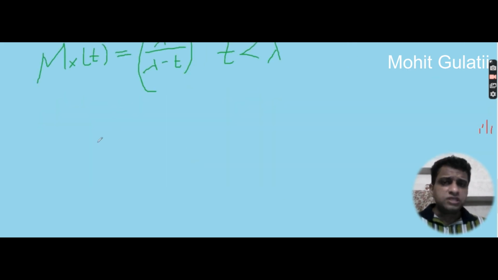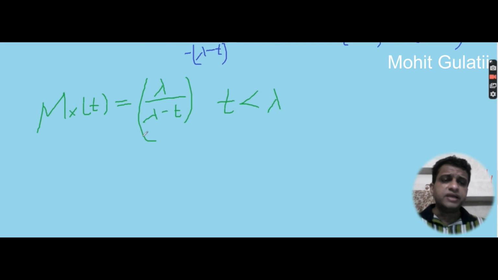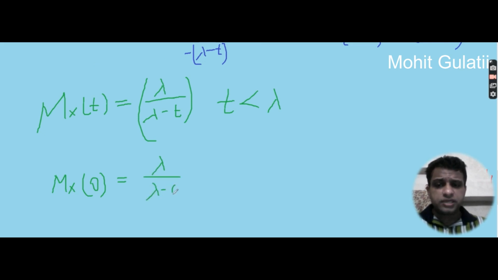Now, to check whether my calculations are correct or not, I will plug 0 in place of t, and if that comes to be 1, that means my calculations are correct. Lambda over lambda is equal to 1.